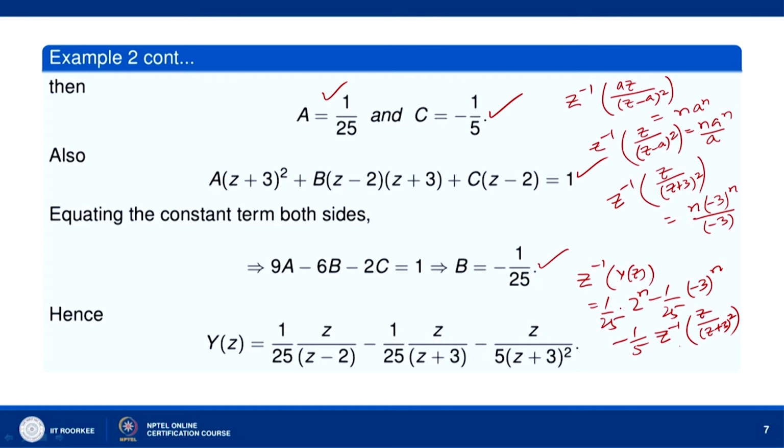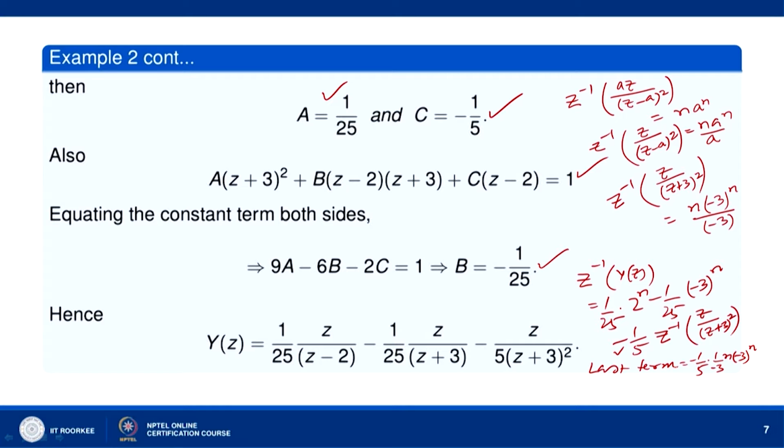So the last term will be minus 1 over 5, this minus 1 over 5 into 1 over minus 3, and then n times minus 3 to the power n. So this is 1 over 15.